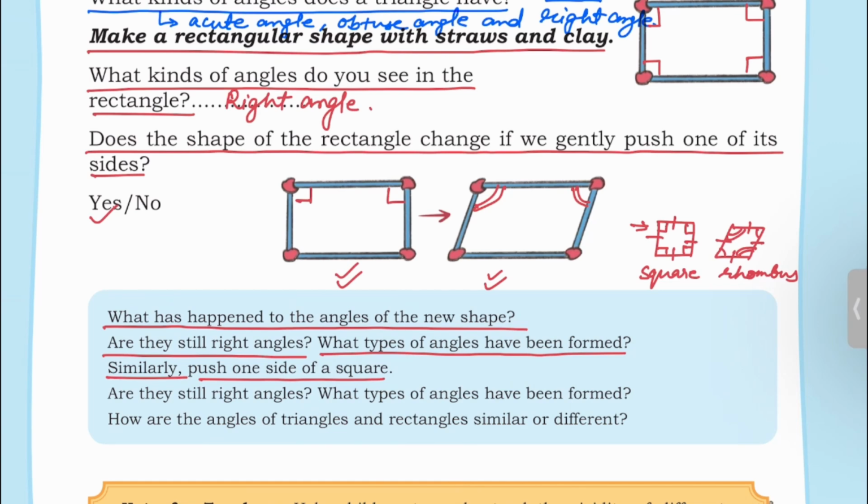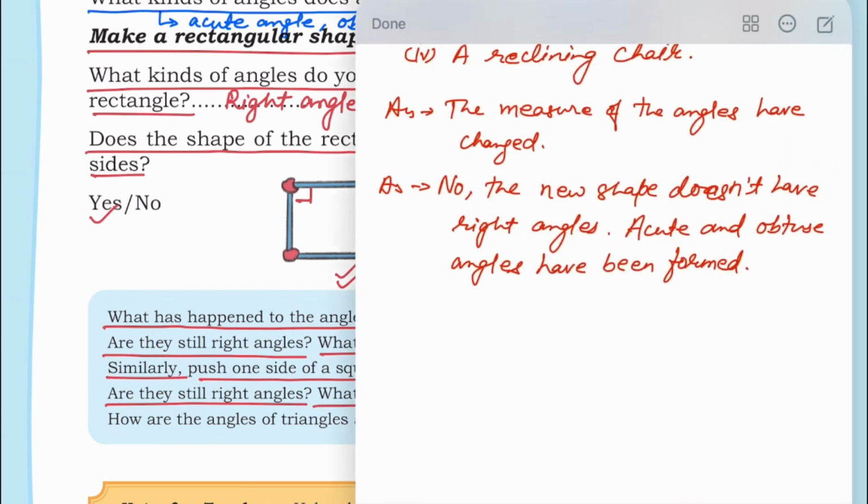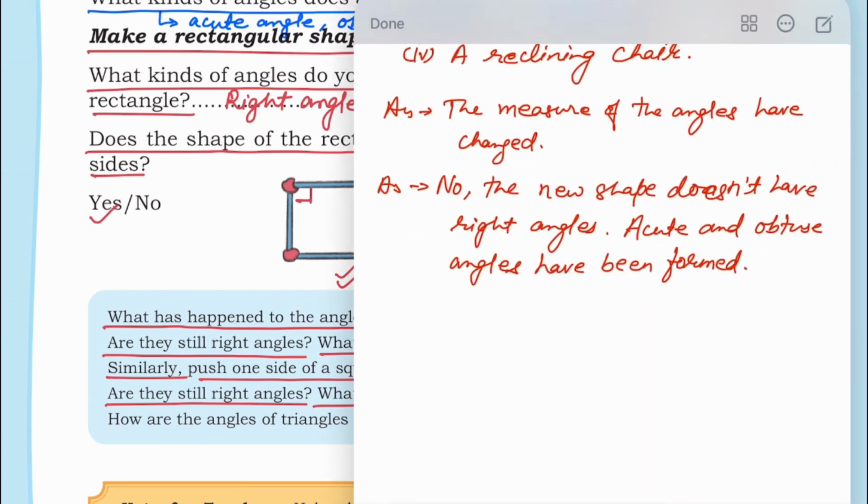But in square, the corner angle is right angle, whereas in rhombus it is not. Are they still right angles? No. What types of angles have been formed? The answer is same. No. The new shape doesn't have right angles. Acute and obtuse angles have been formed.